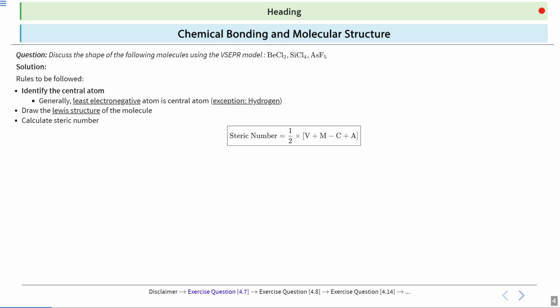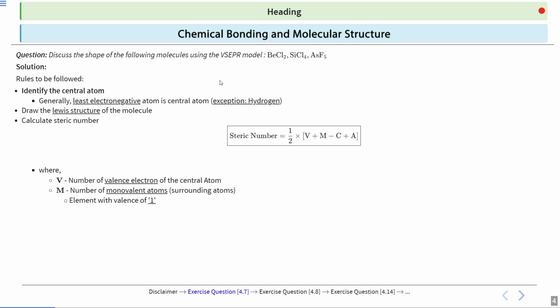So this is the formula to calculate the same. I will appreciate it if you also try to determine the hybridization for the given molecules. Now in this formula, V is the number of valence electrons of the central atom. M is the number of monovalent atoms, meaning those elements which have a valence of 1.